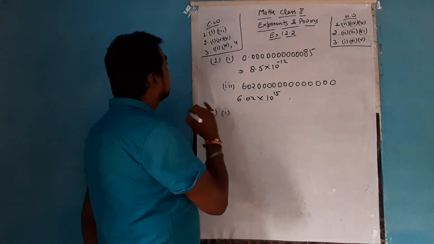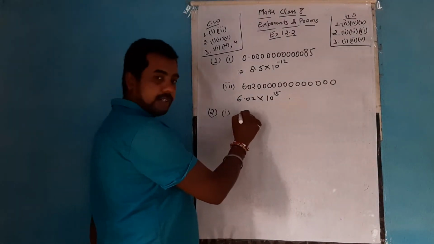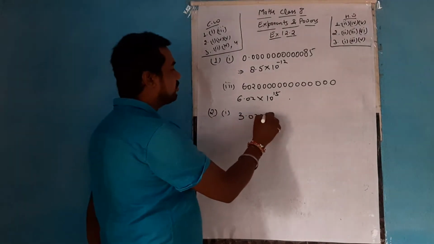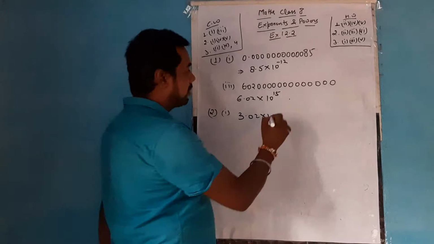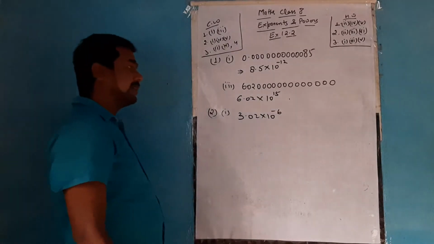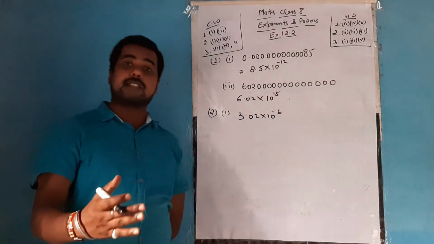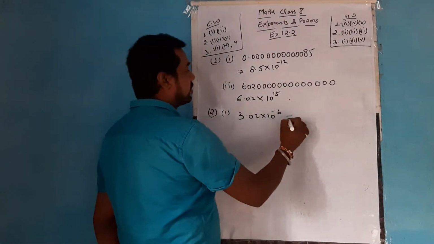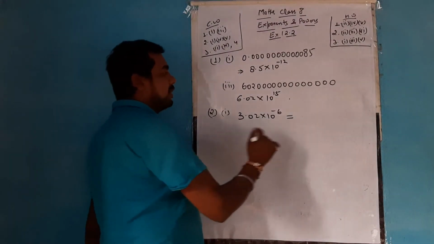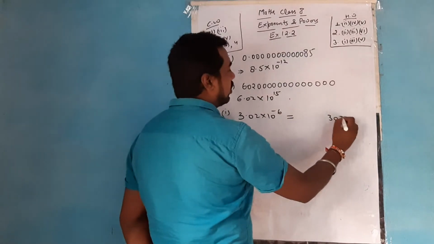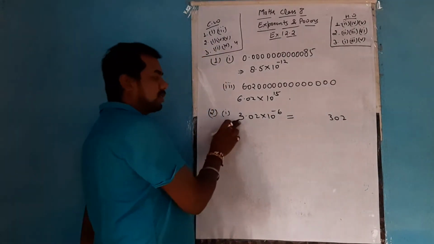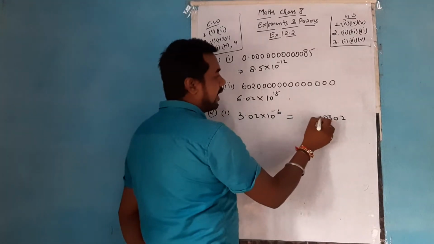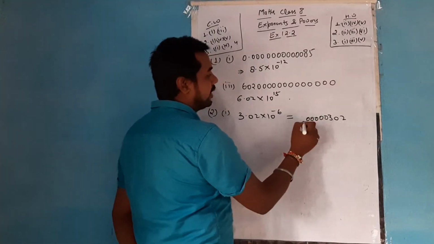The second question, first part is 3.02 into 10 to the power minus 6. As it is minus 6, it means the decimal should go towards the left. When you shift the decimal 6 places towards the left, 1 place is already taken by 3, and the rest 5 zeros will be there.